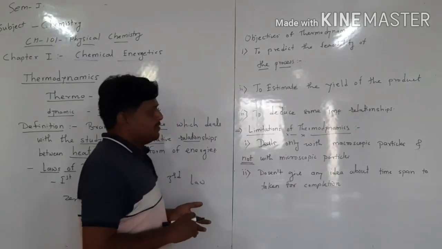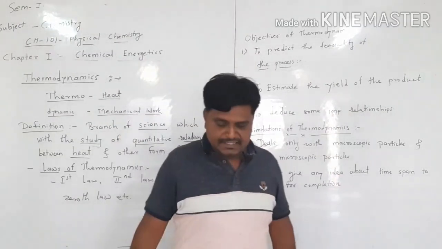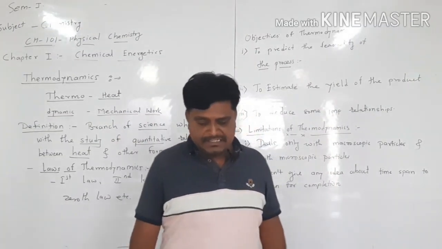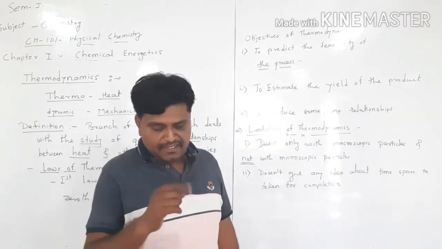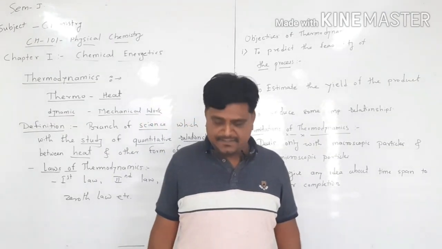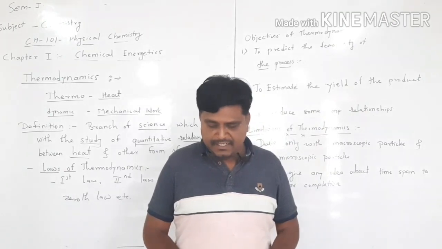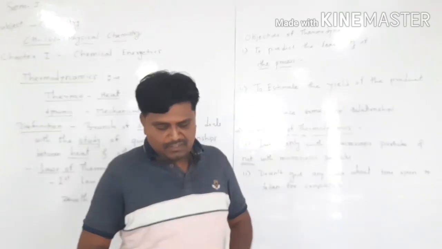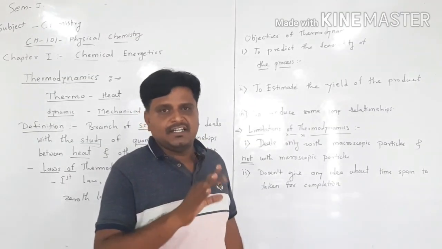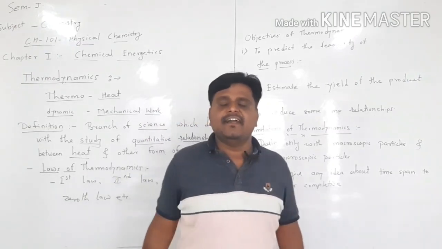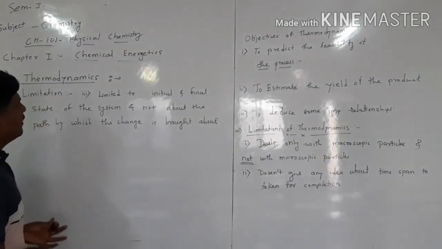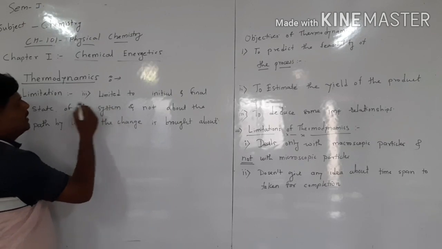And the last limitation is that its treatment is limited to the initial and final state of the system and is silent about the path by which the change is carried out. Okay, this is the third limitation.